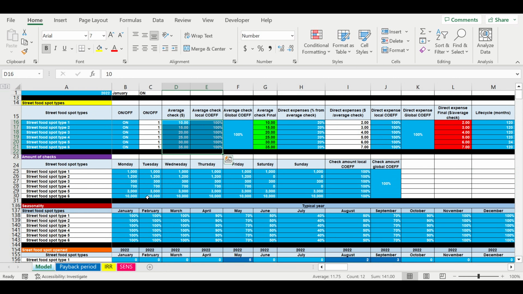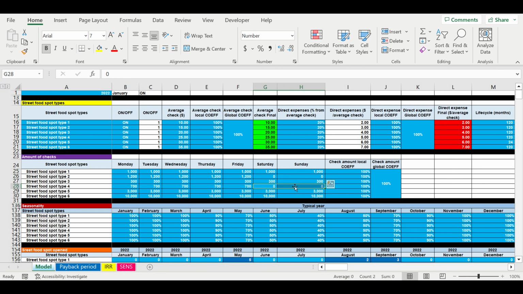Then we should specify the average check. Each type of street food spot is different. It may differ by average check. It may differ by the amount of checks, because, for example, some locations can be near or inside business centers, and we won't have revenues during the weekend, like here.